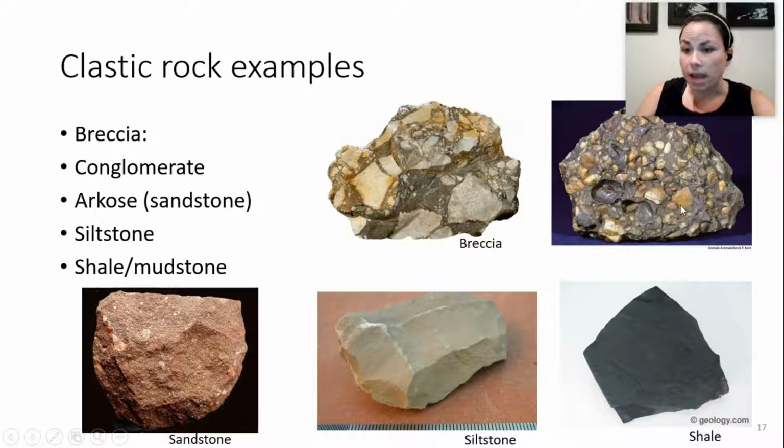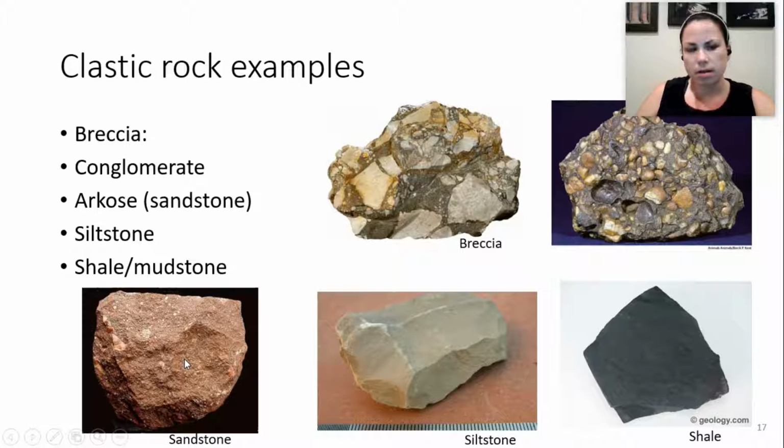Some are angular, some are a little bit more rounded, but you can really see the difference here between the clasts and the cement. So the clasts are this more yellowish, sandy color, and the cement is the grayish color that's behind it. Okay, down here is a sandstone, and you can't really see individual grains.